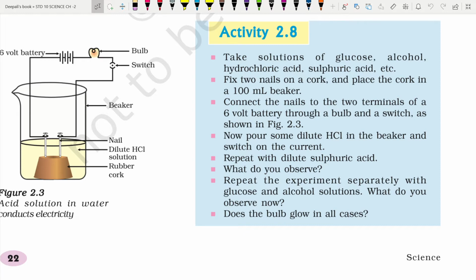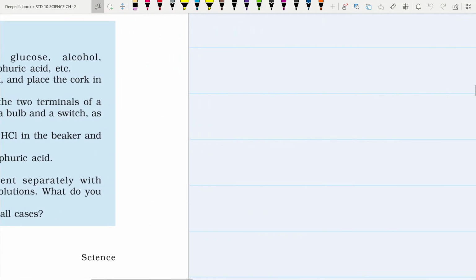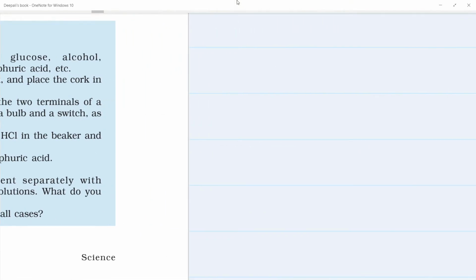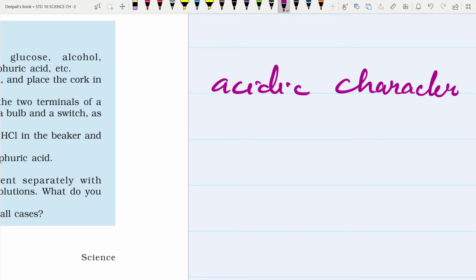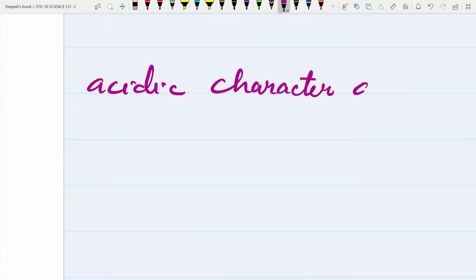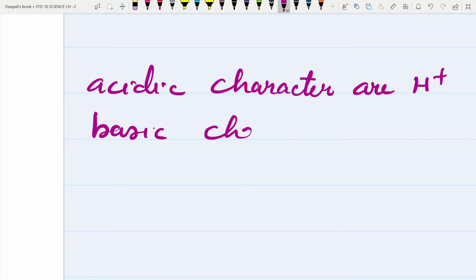So the ions responsible for acidic character are H+ and for basic character are OH-.